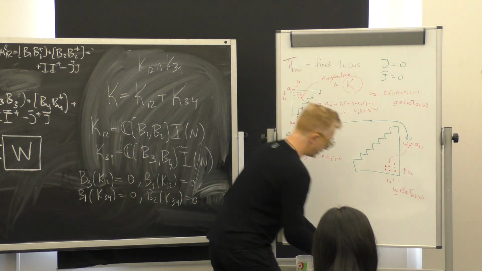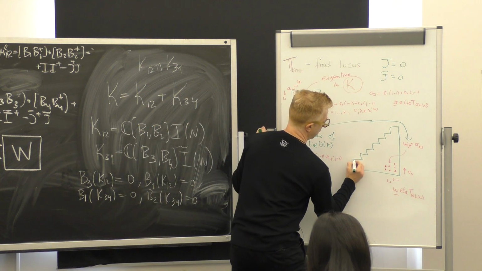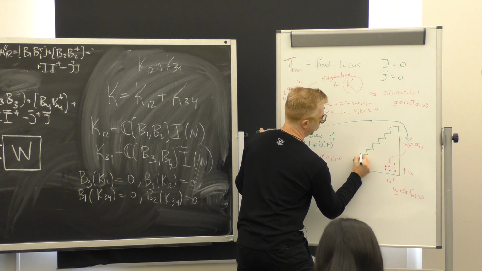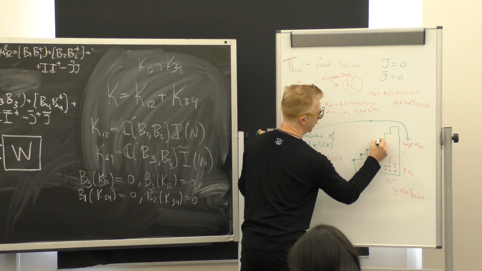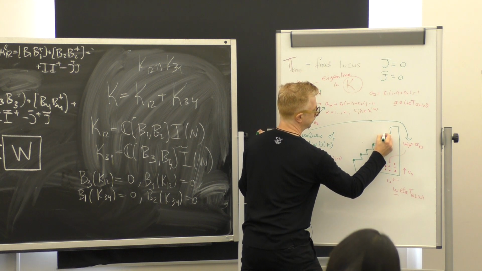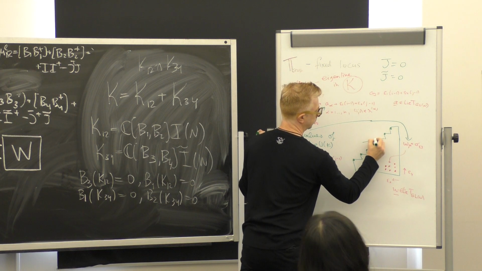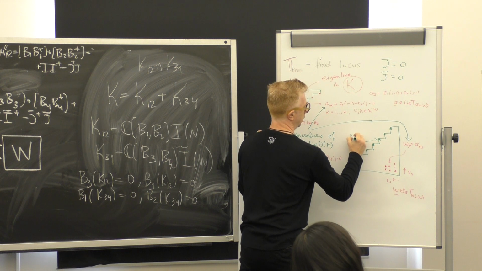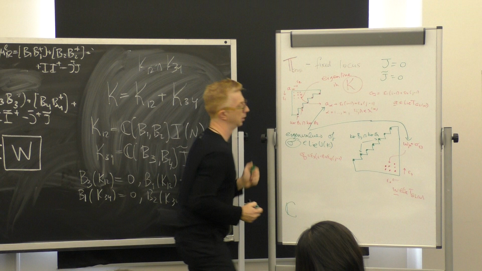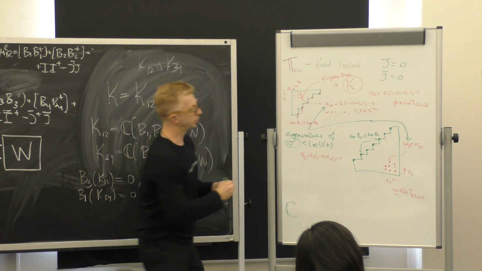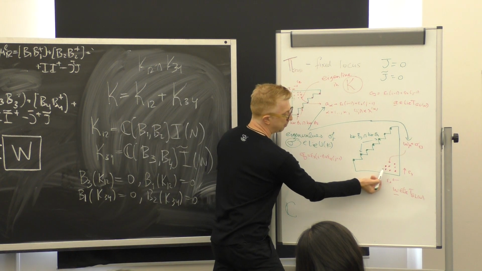And similarly, on this picture, we should pay special attention to the vectors which are killed by B3 and B4. Because everything inside, B3 and B4 act non-trivially.